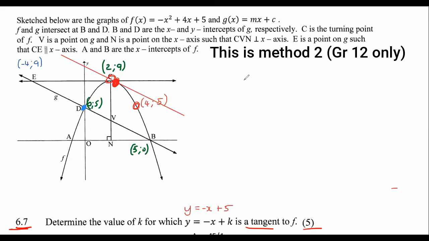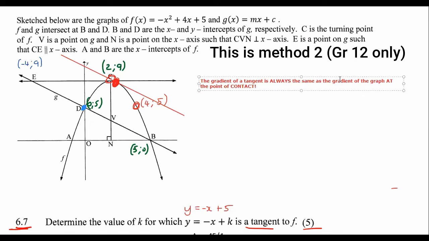Let me write this out. I'm going to write it out neatly for you guys. Okay, so here we go. The gradient of a tangent is always the same as the gradient of the graph at the point of contact.